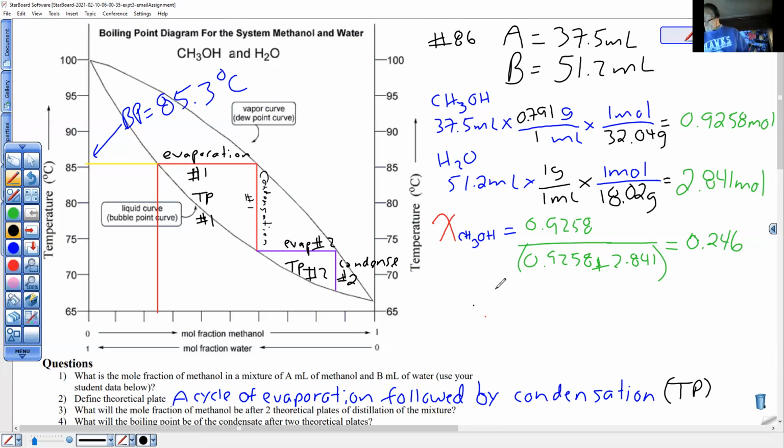The 2 remaining questions that need to be answered. Just a reminder, question 1 we answered here. Question 2, right by question 2. Question 3, what is the boiling point of the condensate after 2 theoretical plates? That involves us reading the graph from the condensate as a liquid. I hope we know that. Condensate's a liquid and its boiling point we're reading across here.